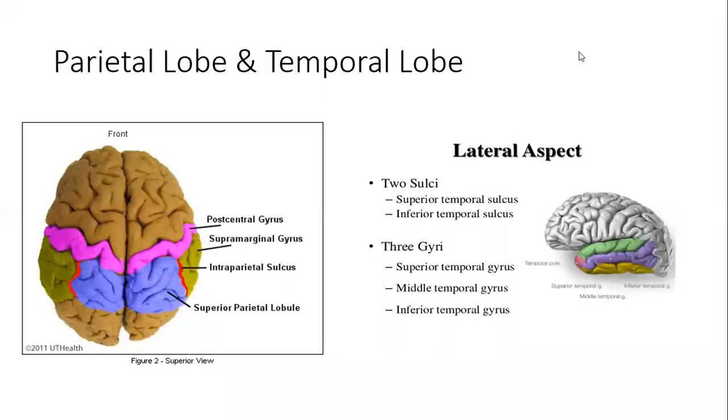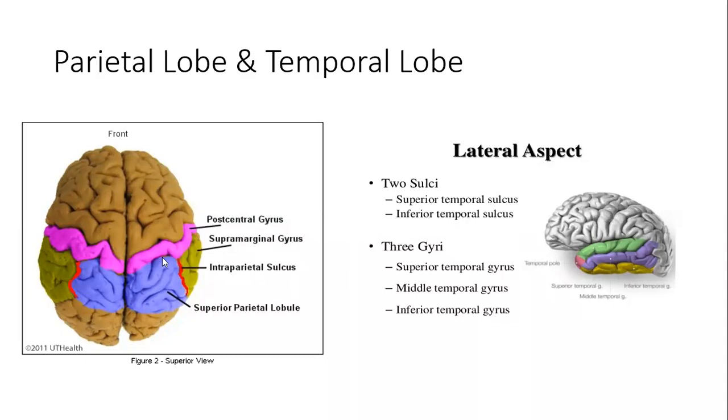So next we have the parietal lobe. The parietal lobe is the one that lies immediately behind the central sulcus. Here you can see in the diagram on the left side of the slide, we have the central sulcus. So the gyrus that lies immediately posterior to the central sulcus is called post-central gyrus.